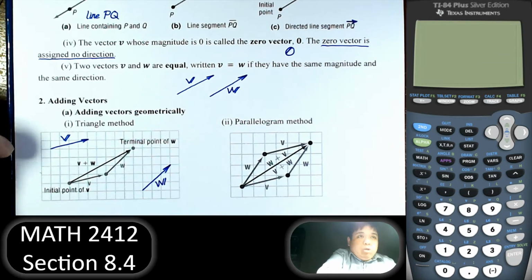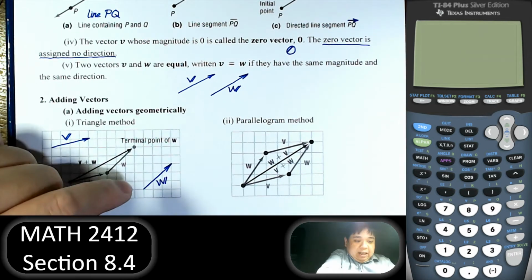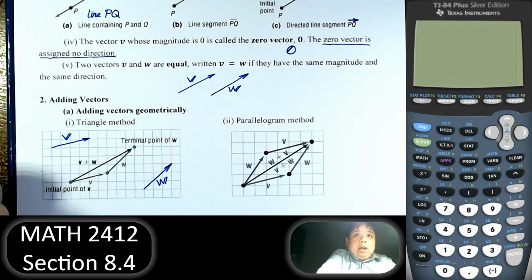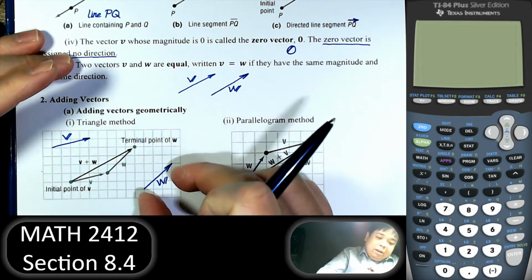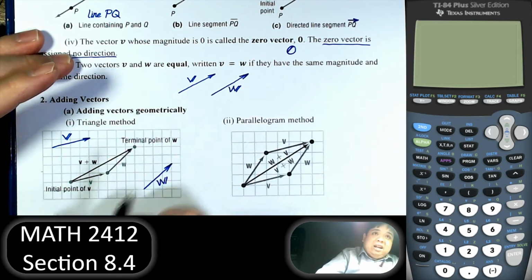Let's say we try to add this vector v and that vector w. Notice that these vectors have no location, so you can move them around. You can move vector v to here and move vector w there.